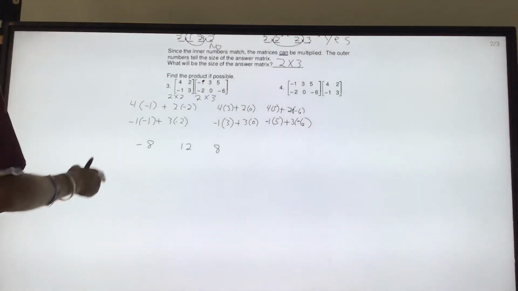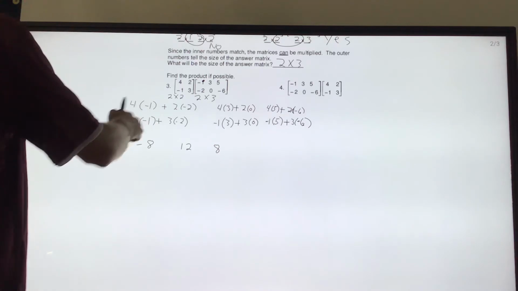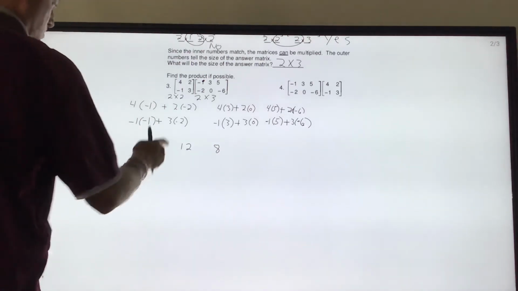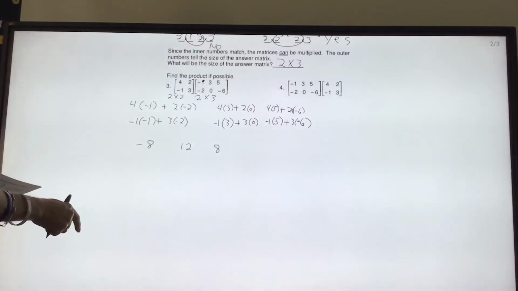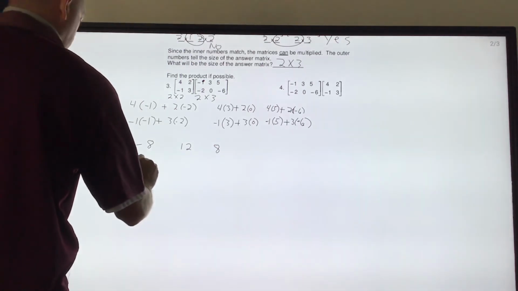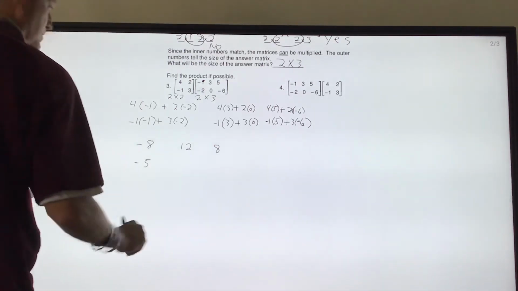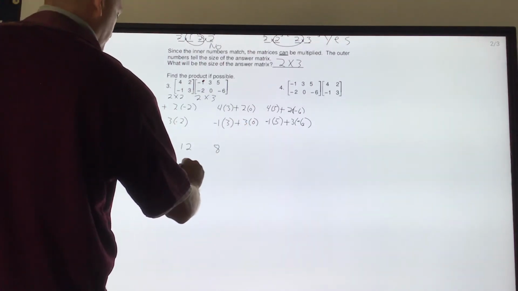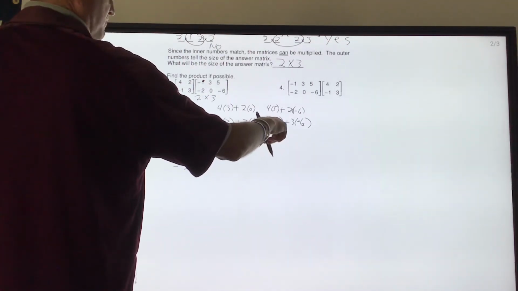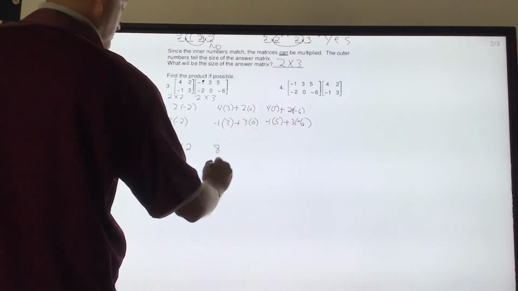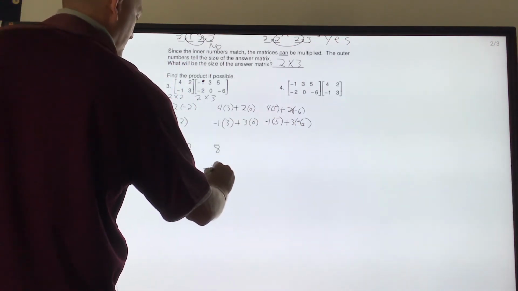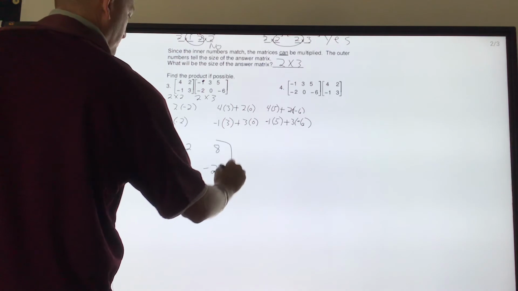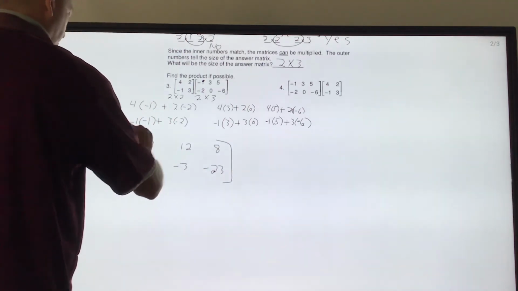Now the bottom row, -1 times -1 is +1. 3 times -2 is -6, so that comes out to a -5. The middle, -3. And then I have -5 plus a -18, which is a -23.